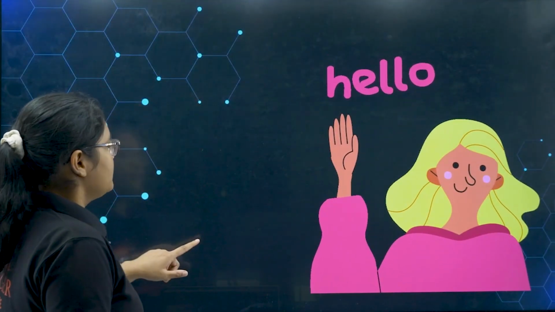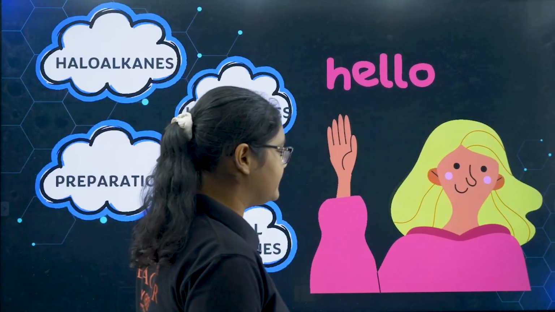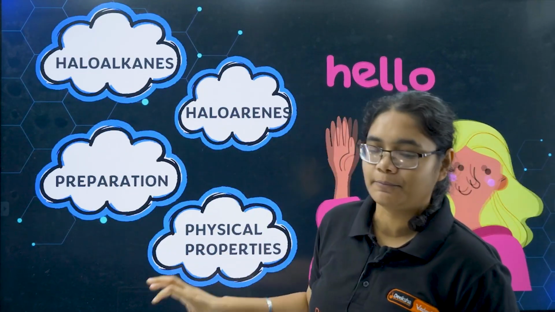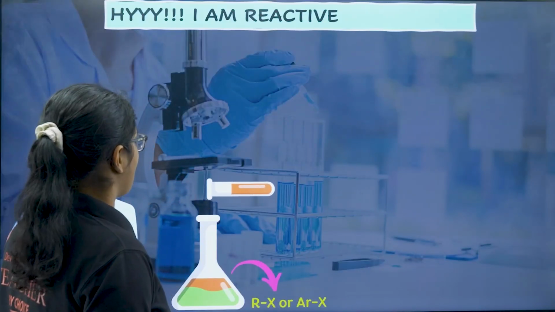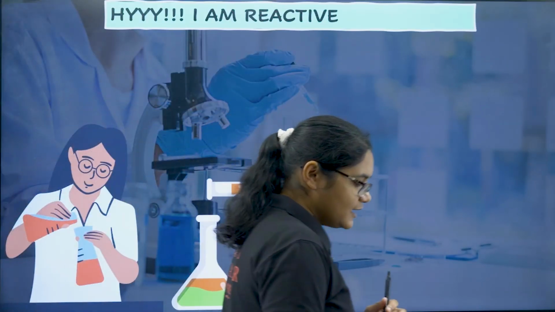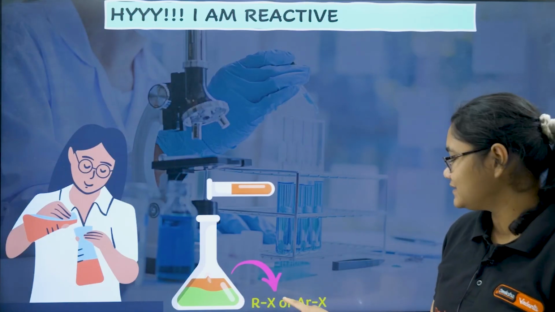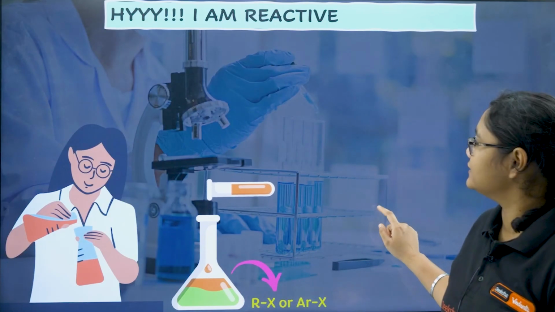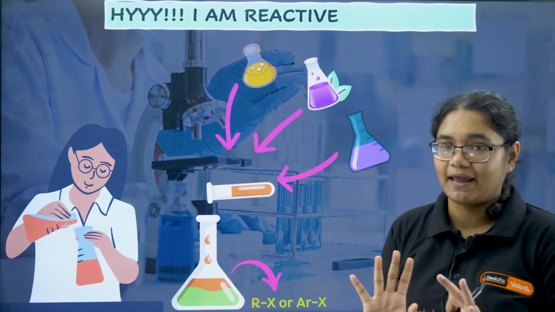Okay, so first of all, in the previous classes we have completed these things. I have already said hello to haloalkanes, haloarenes, their preparation and their physical properties. So what will we be doing today? In today's class, you can see here that we have RX and ArX, meaning haloalkanes and haloarenes. Today we are not preparing them.